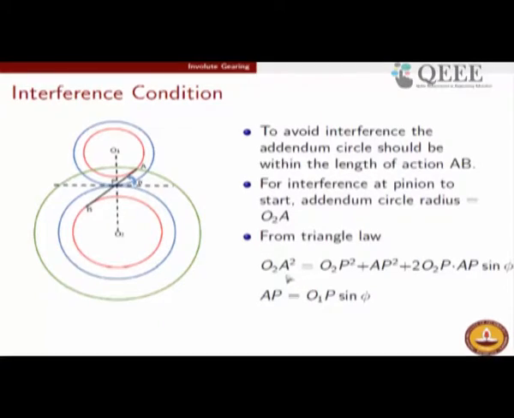Our cosine triangle law says that O2A square is equal to O2P square plus AP square, the sum of the squares of the two distances, minus the product of the two distances into the cosine of the angle embedded by those two sides of the triangle.